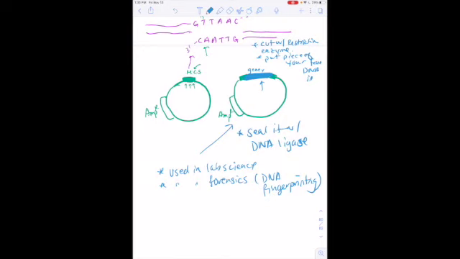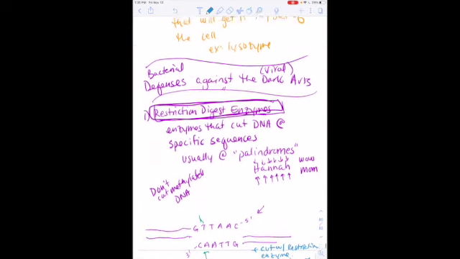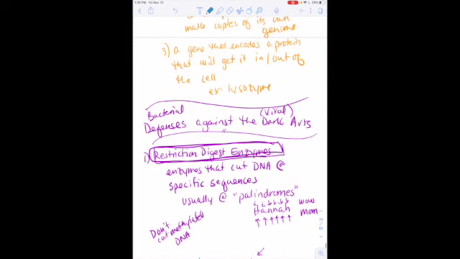Yay. Really, really useful tool, and it is a set of enzymes that bacteria developed to help rid themselves of a viral invader. It's their defense against the viral arts.